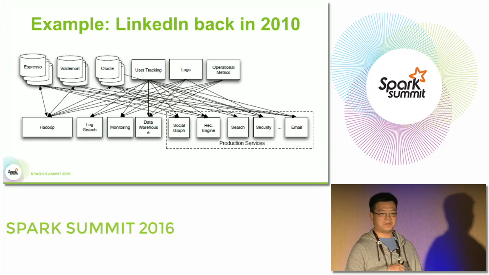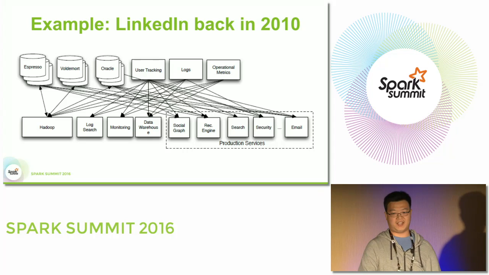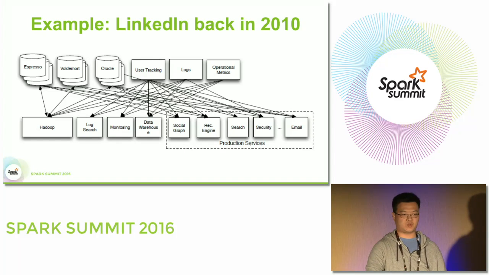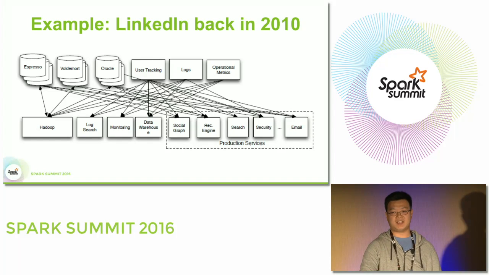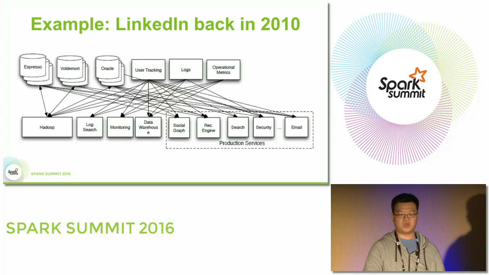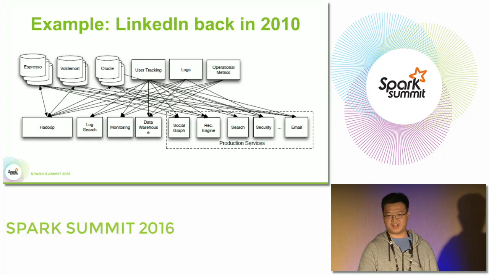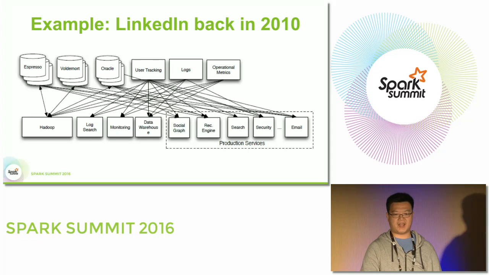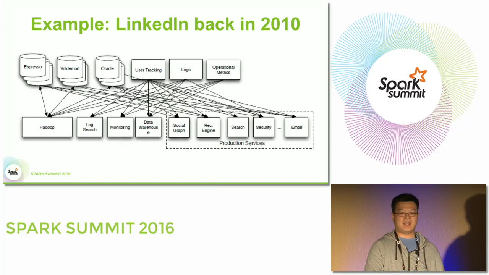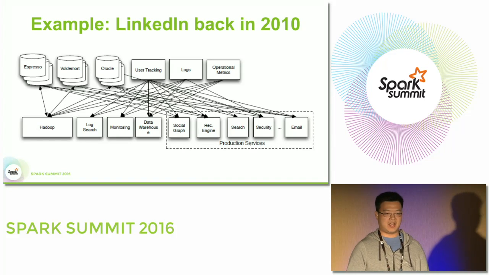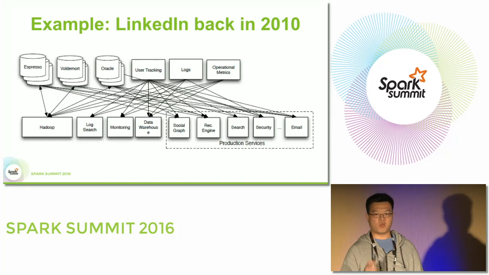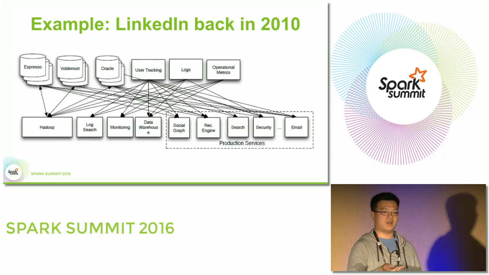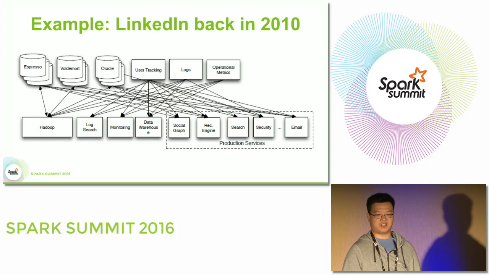These are the pipelines we built back in 2010, where we have a bunch of sources generating real-time data, and a bunch of products that consume those real-time data for, say, recommendations, search, or some online data mining and machine learning applications. Back in 2010, we did exactly the option that we mentioned in the previous slide, where we built one tool for each pair of source and sink for those data integrations.